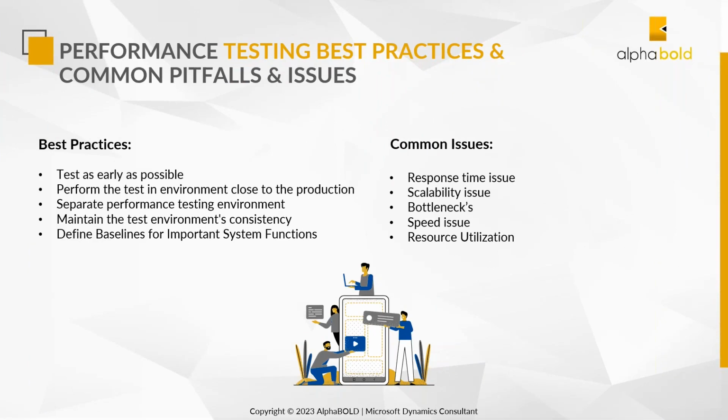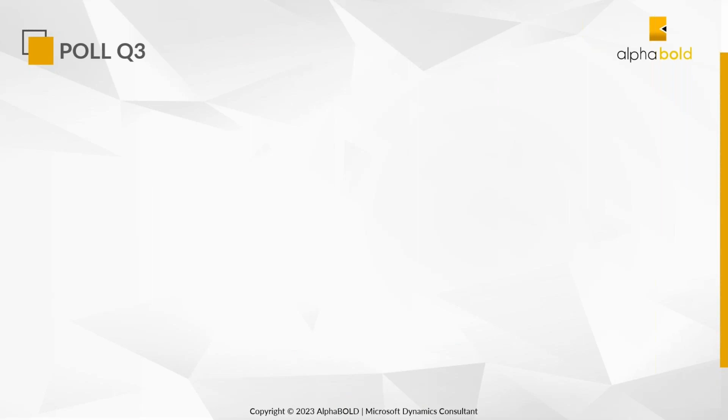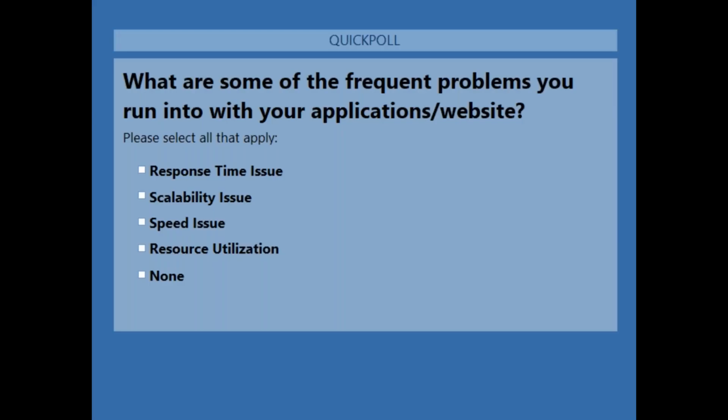Thought we'd do another slide here and do a quick poll. We're just looking to get a better understanding of the problems you're currently experiencing with your web page. These are pretty common: response time issues, speed issues, resource utilization.